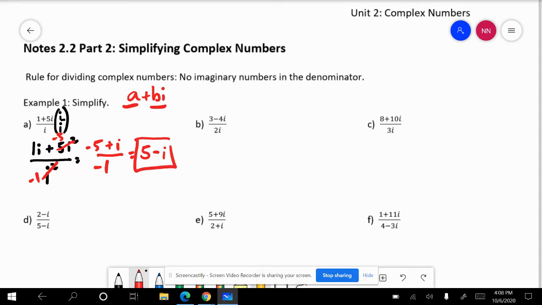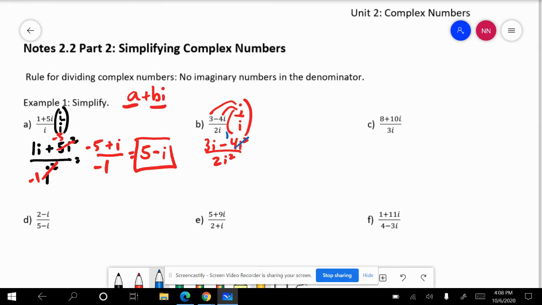For letter B, I'm going to do the same thing. I'm going to multiply the top and the bottom by i and distribute the i to each of the terms. I get 3i minus 4i squared over 2i squared. Once again, i squared is -1.